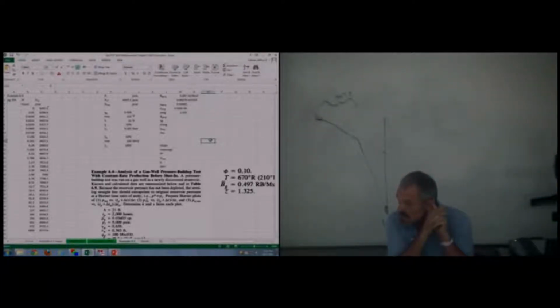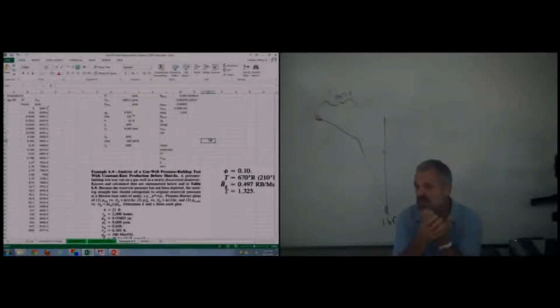Which is more accurate in terms of results? Like if you get permeability from the buildup and permeability from the drawdown for the same reservoir, they should match. But they don't usually. It takes time, but there's always some justification.